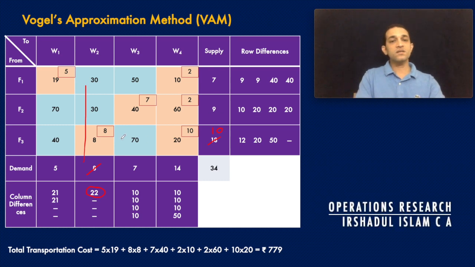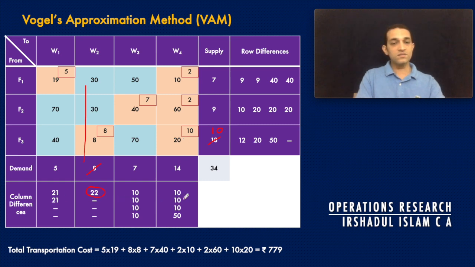In this case least cost is 20 and the next highest cost is 40, so the difference is 20. In the column wise, 19 and 40, the difference is 21. Here it won't be there this time because these units have been exhausted. And here the least cost is 40 and next highest cost is 50, so difference is 10. Here least cost is 10 and the next highest cost is 20, so difference is 10.